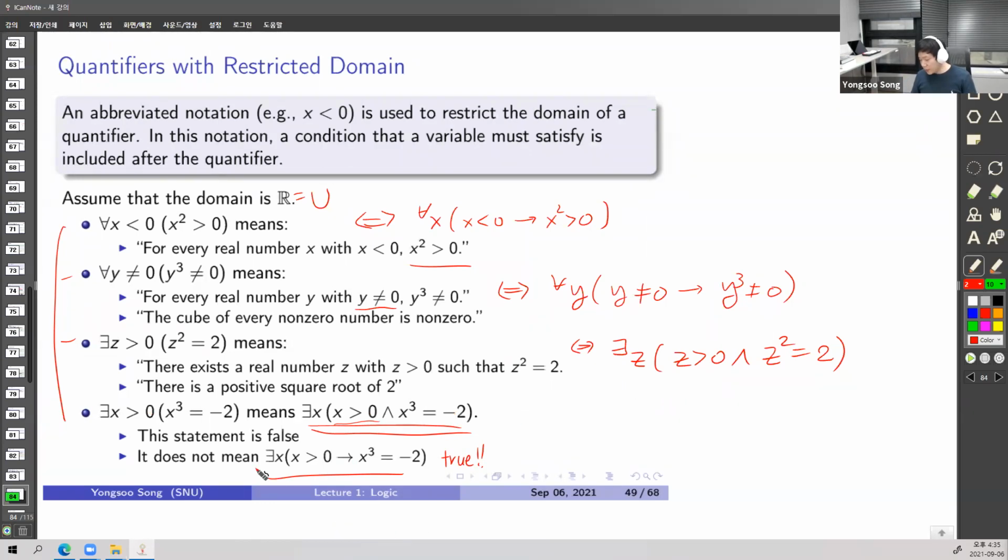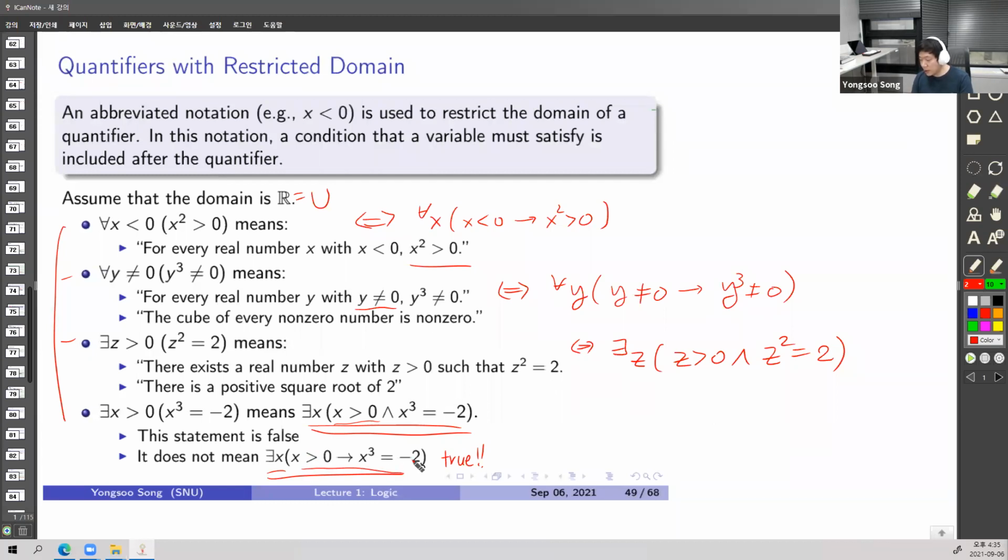Can anyone say why this statement is true? Yeah, right. In this existence quantifier, we just need to show that there exists at least one element x satisfying this condition.